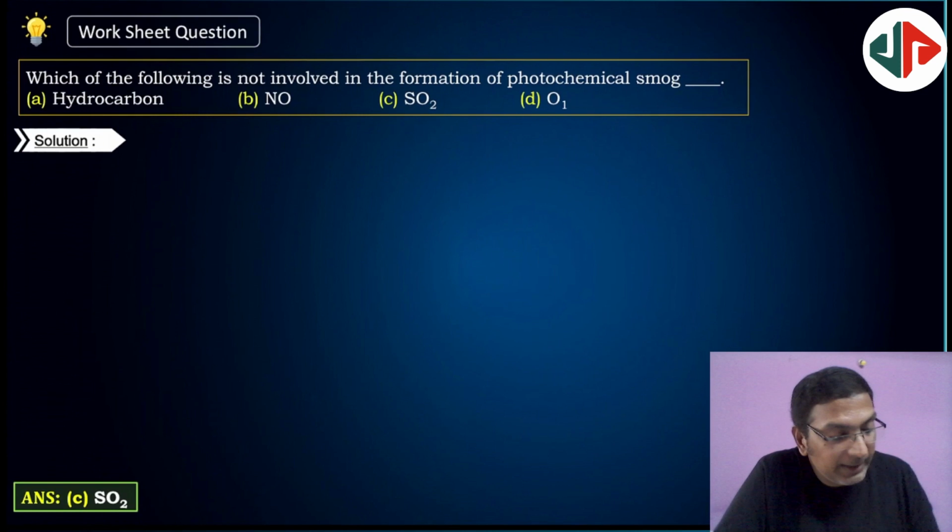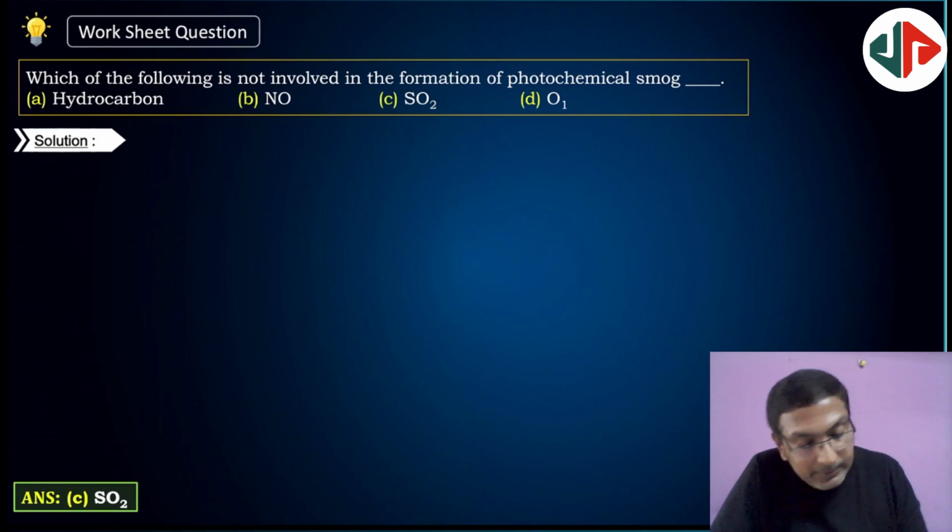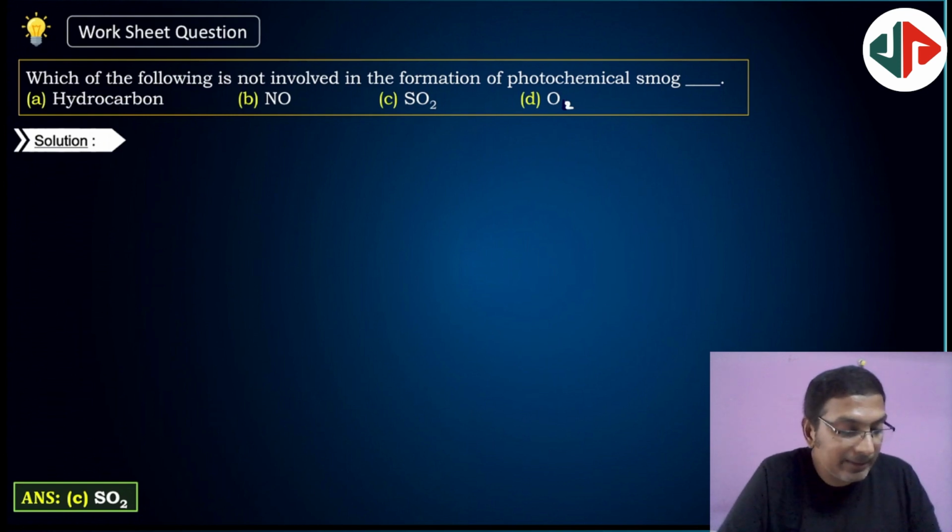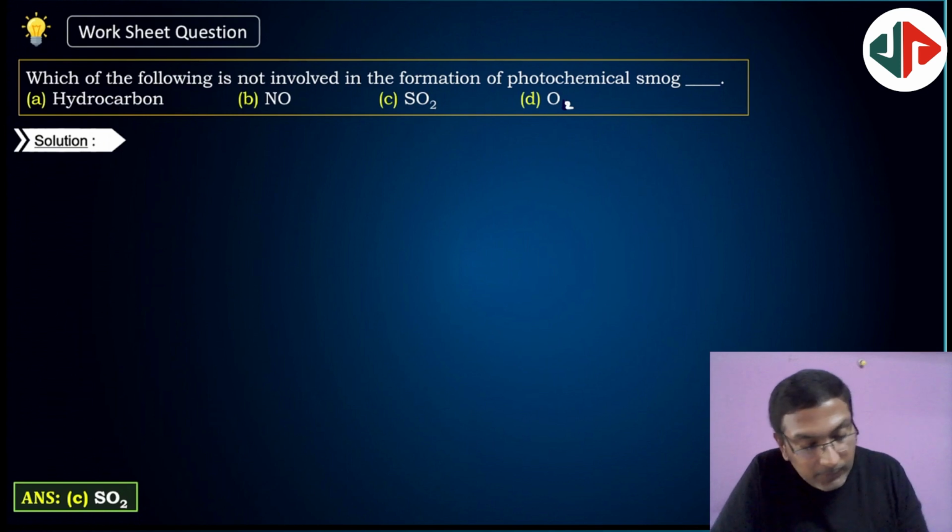So which of the following is not involved in the formation of photochemical smog? Here, O2 should be there. Write it O3.